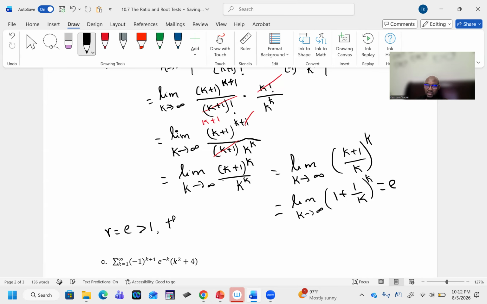The series diverges by the rules. By the ratio test, I said the rules. By the ratio test.